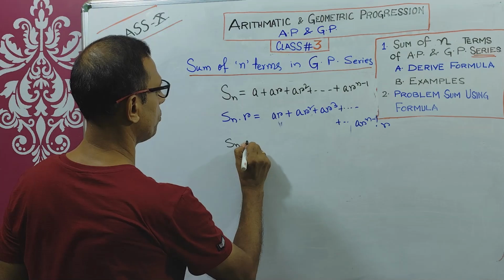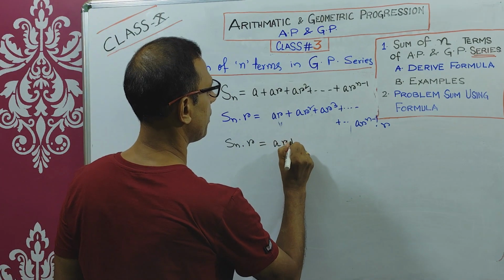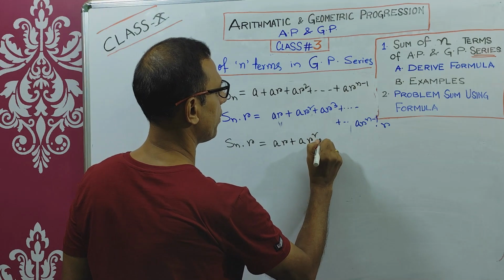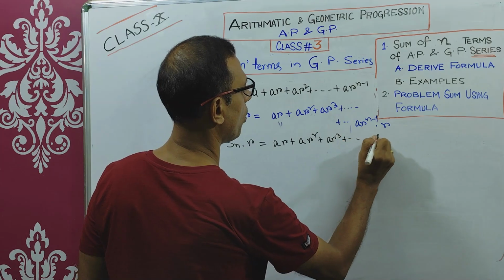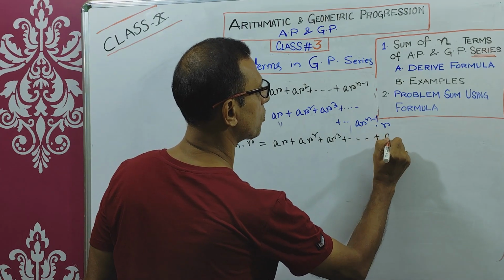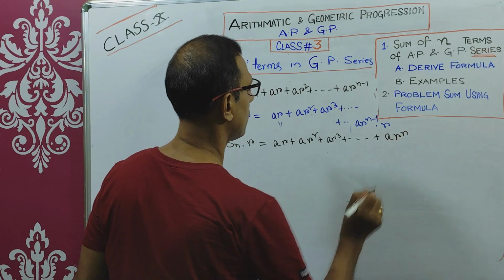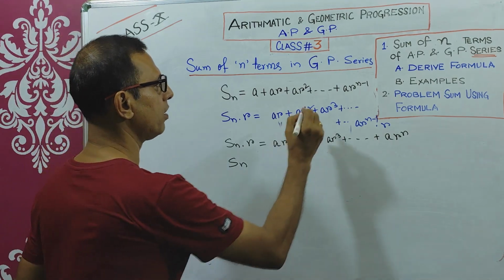So Sn into r equals ar plus ar square plus ar cube and so on. The last term will be ar to the power n minus 1 into r. That means ar to the power n. Okay. So this is equation number 1.